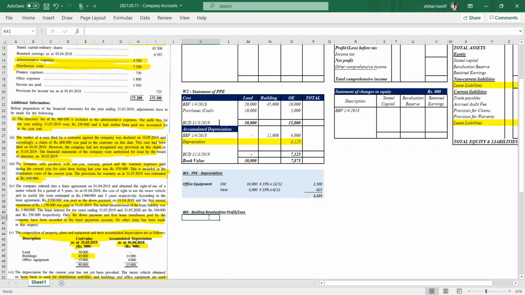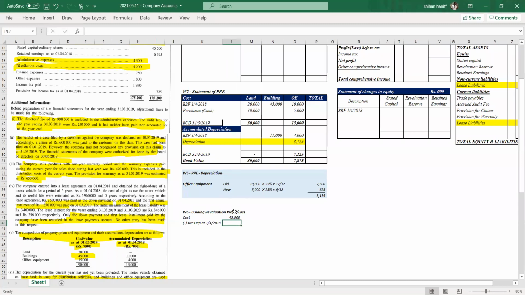Now the cost or the revalued amount is 45,000. Then accumulated depreciation as of April 2018, already depreciated 11,000.